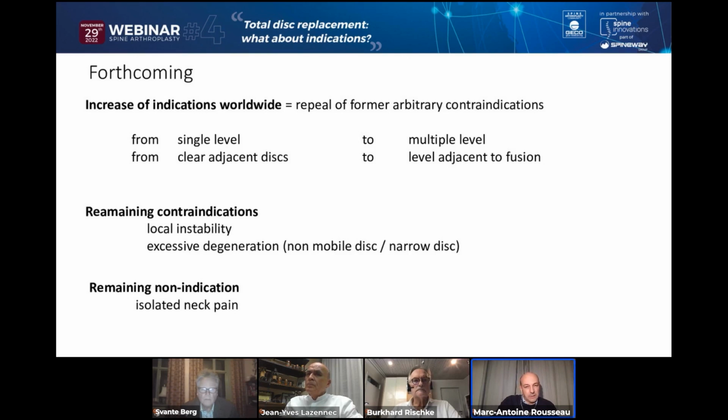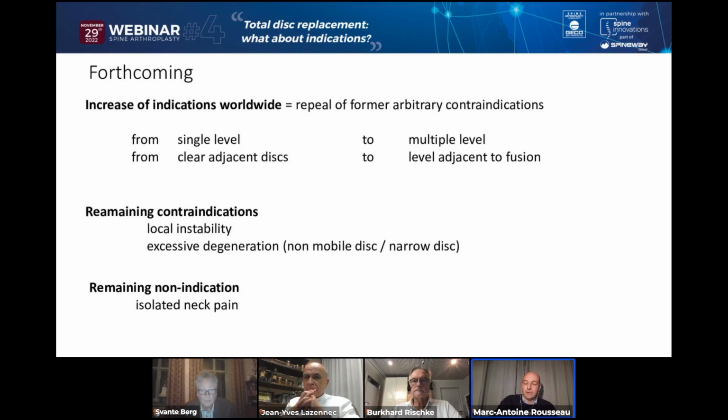So in my opinion, worldwide, even if we keep the regulation aside, we can use the prosthesis on multiple levels. We can use it at a level adjacent to a former fusion with no specific problems. The remaining problem is the excessive degeneration when the disc is absolutely non-mobile, almost fused.